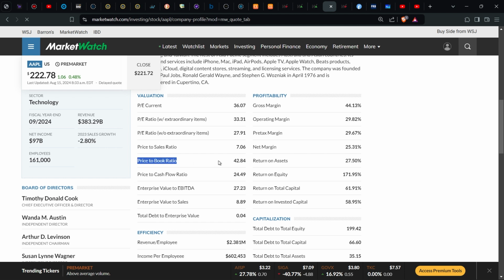The price to book ratio means that the current share price in the open market as at the end of the latest fiscal year is 42 times what the accounting value is. Whether this value is high or low, there is an industry benchmark. Like we said, a high ratio means investors are optimistic about the company's future.